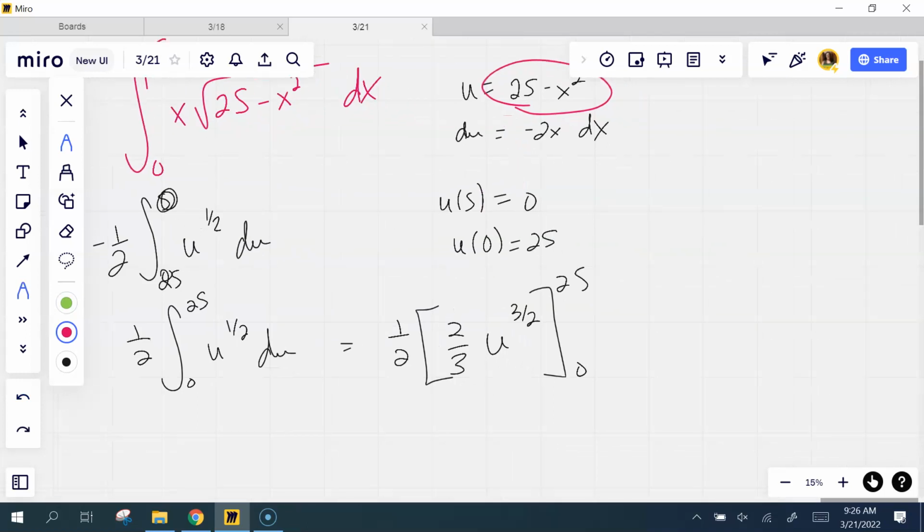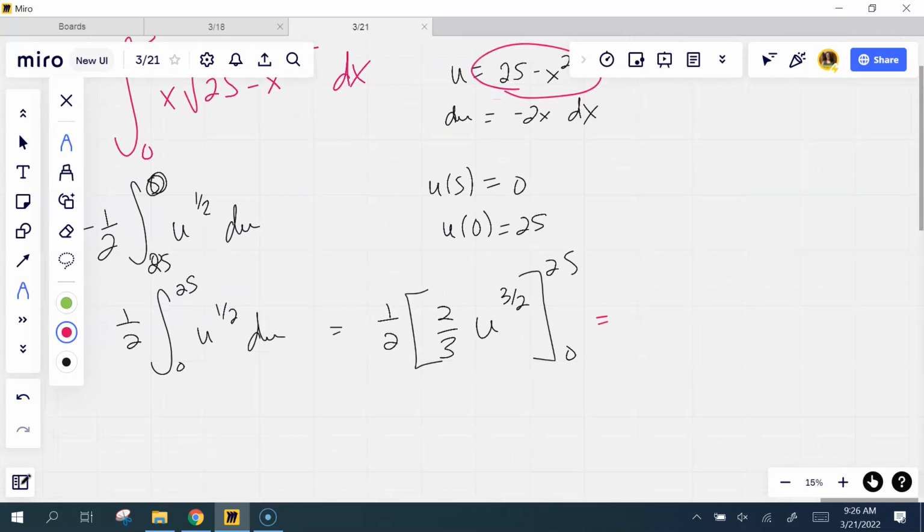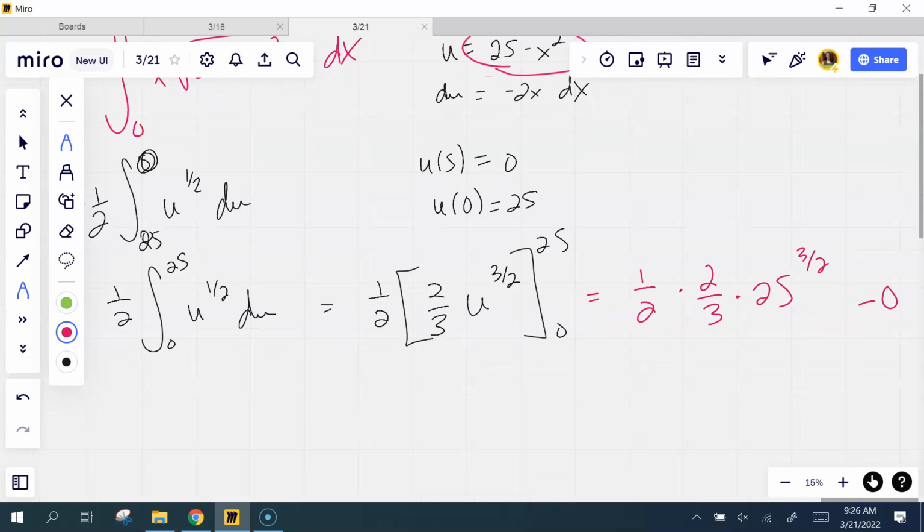125 over 3. So let's see, 1/2 times 2/3 times, not 125, 25 to the 3 over 2, and then of course minus the 0. If that base is 0, that's just going to be 0.